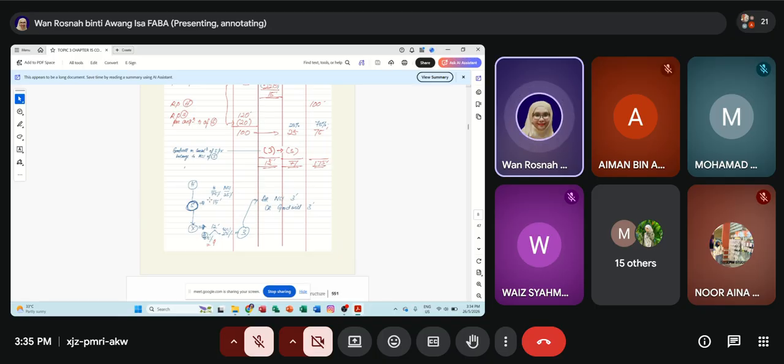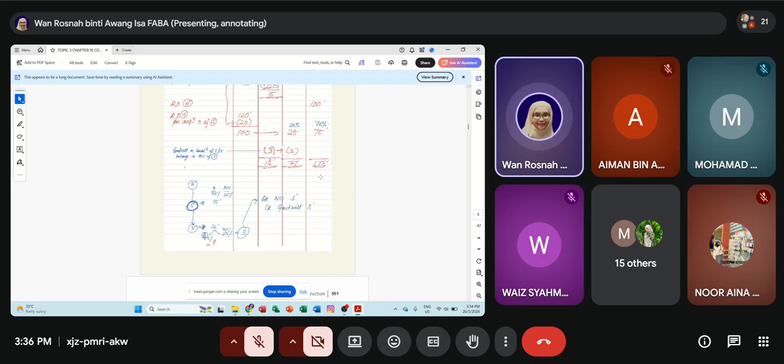And then antara H plus S ada NCI, which is 75 and 25%. And then you also have to consider dalam 50,000 ni ada NCI between S and X, which is 25%. So you have to eliminate.